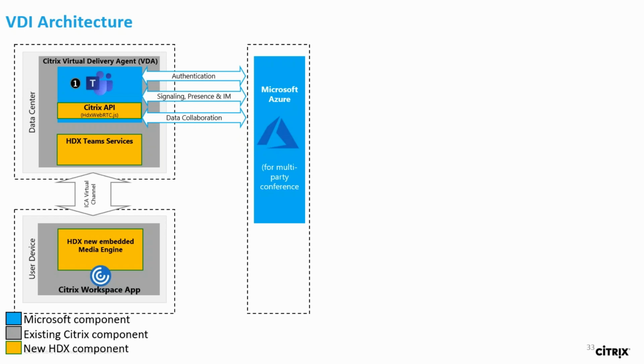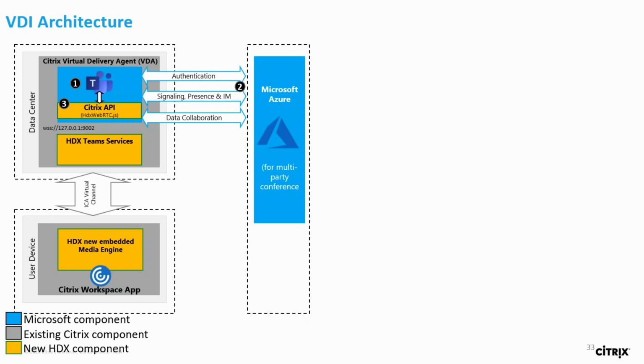So first, if you can imagine, the user launches Teams in the virtual session, and that authenticates to Office 365 over on Microsoft Azure, and sends back and forth some of the signaling data and some of the data that it needs.